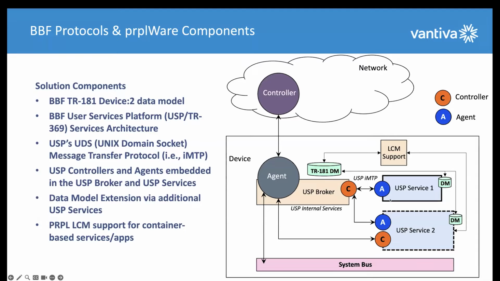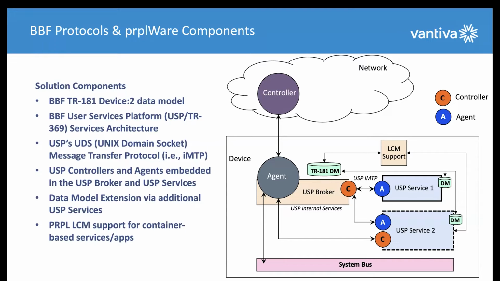And then we have a USP service that can be added. Now that USP service has at least one specific thing that it's going to do. It's going to expose some kind of data model, and that's what this green little piece here is. When that USP service exposes that data model, it's going to send a message from its agent to the USP broker's controller that says, this is the part of the data model that I'm responsible for, and I want you to expose this to the rest of the world.